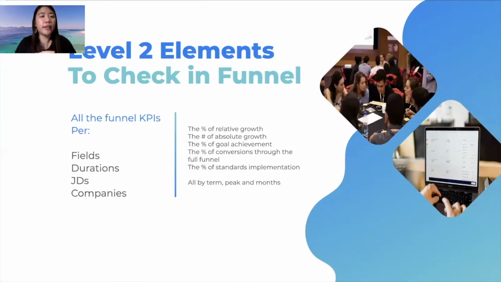The second part, the level 2 funnel monitoring, is because GT is a bit special, as in we have more specific requirements for the EP, right? So that's why you can also look into the funnel KPI per field, per duration, or even JD and company. For example, if you're going to run IT field, we can also have short-term, medium-term, and long-term opportunity.